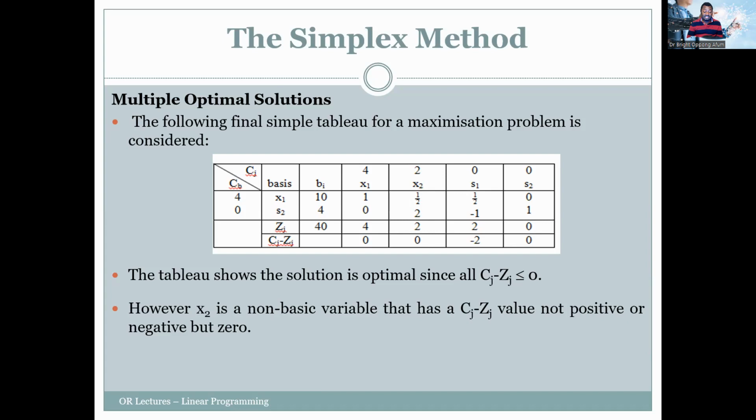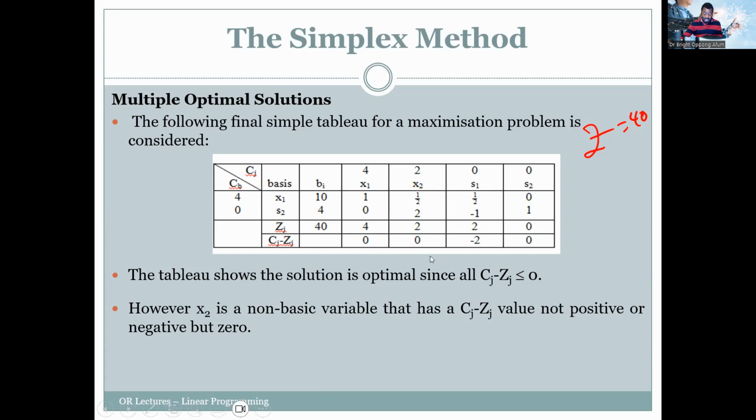Remember, the Cj minus Zj is the unit contribution of a non-basic variable when it goes into the solution. Since it's 0, when it enters the solution it will not change the z, which here is 40. It will not change the profit at this stage.